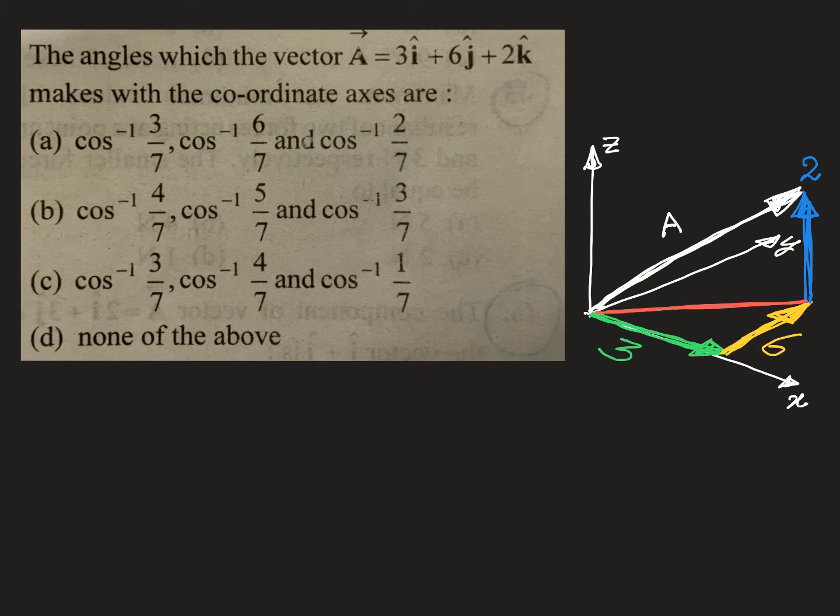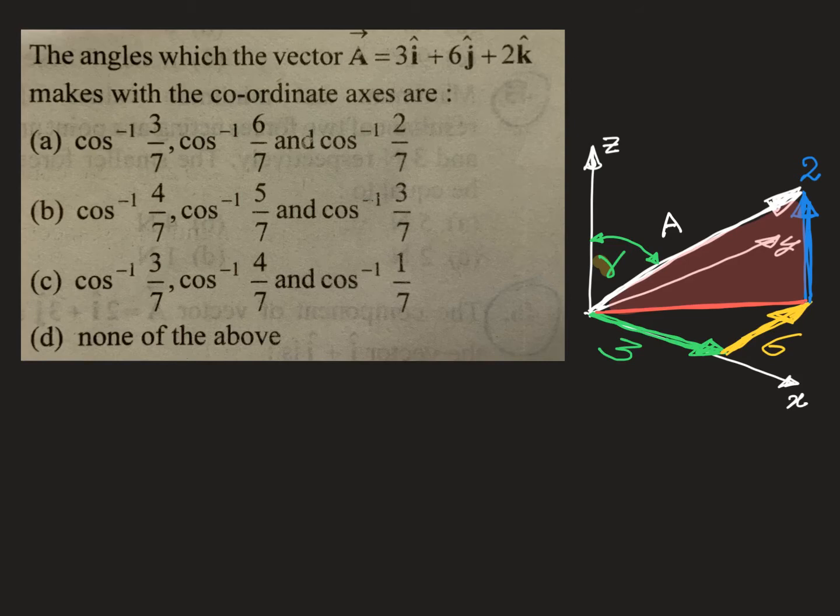Now if you observe this right angle triangle, the angle made with the z-axis is, say, gamma. So we call the angle with the x-axis alpha, with the y-axis beta, and with the z-axis gamma.